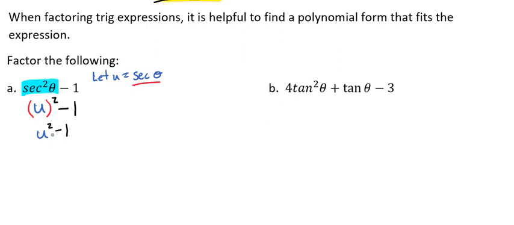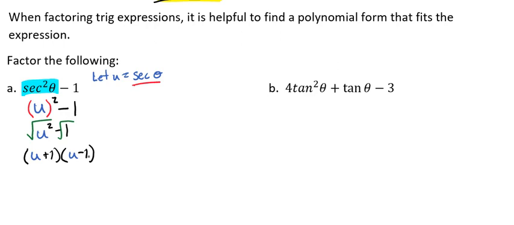Let's do that in blue so we can follow it. Now here we have a difference of squares, because u squared is a perfect square and 1 is a perfect square, and we have a subtraction between the two. So we are able to take the square root of both of those, and that becomes u plus 1 and u minus 1.